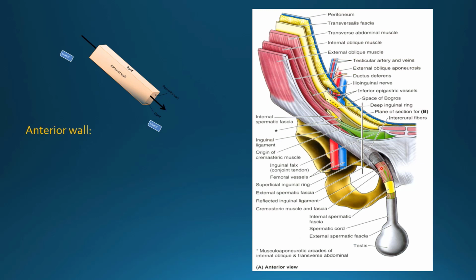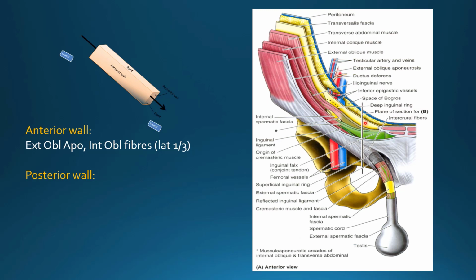Anterior wall is formed from here to here throughout by aponeurosis of external oblique muscle. On the lateral 1/3 side, anterior wall is also formed by muscle fibers of internal oblique. Posterior wall, throughout it is formed by fascia transversalis.